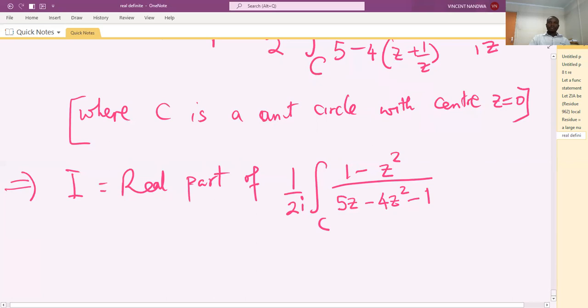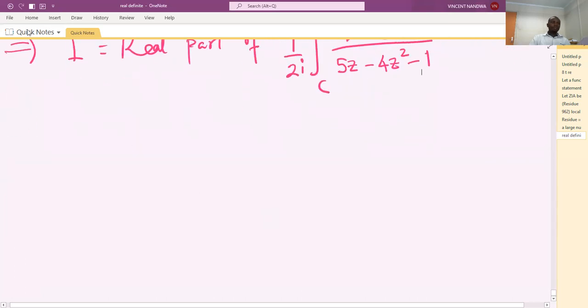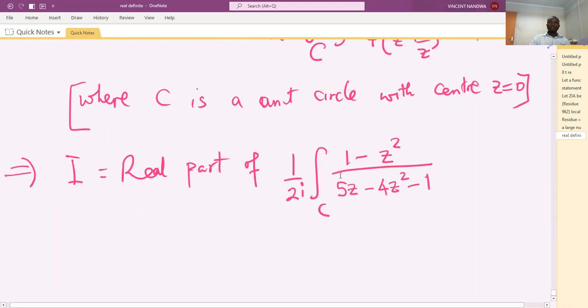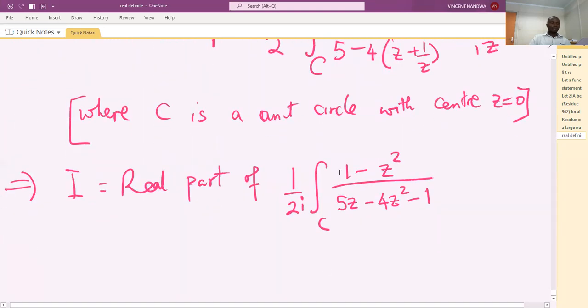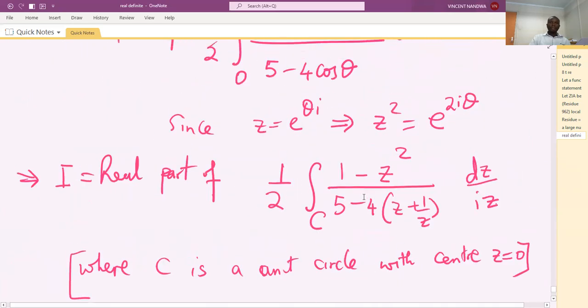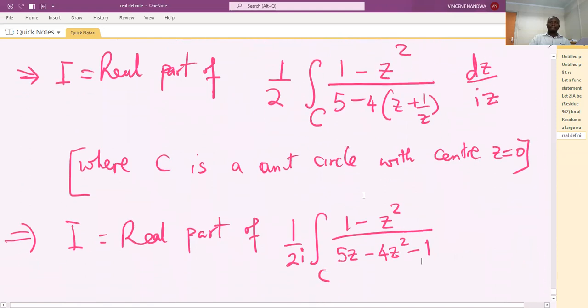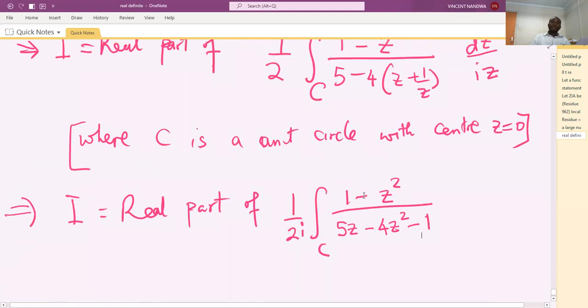So that's what we have. Oh, there's a 4 here. So this 4 by this.